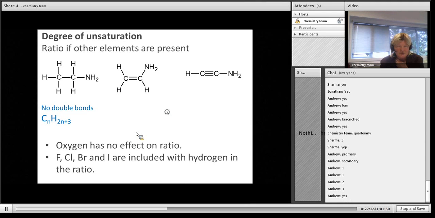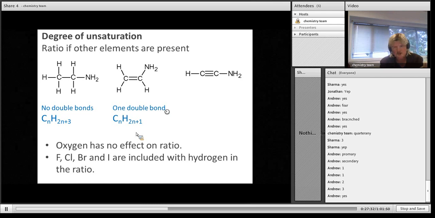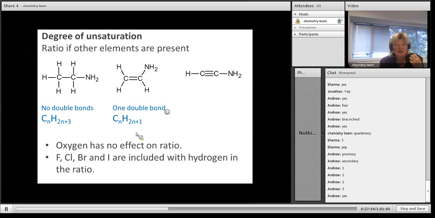Okay, right, so we'll see how we go with this one. If we have a double bond here, remembering that nitrogen always allows one extra hydrogen, if N is 2, then 2 times 2 is 4 plus 1, so I expect 5 hydrogen atoms, and you can see that here, 2, 3, 4, 5.